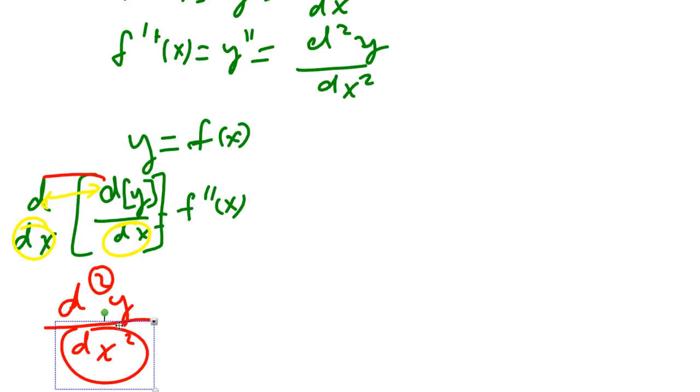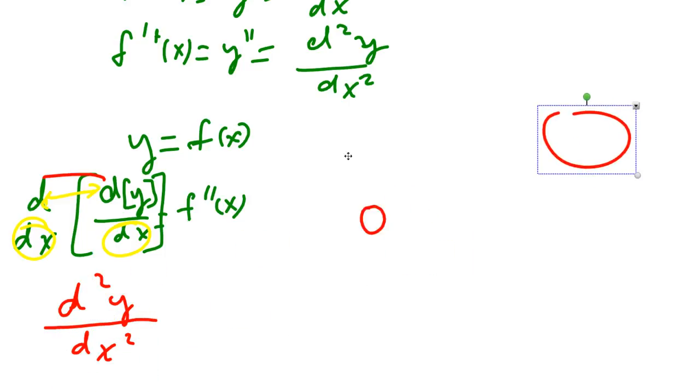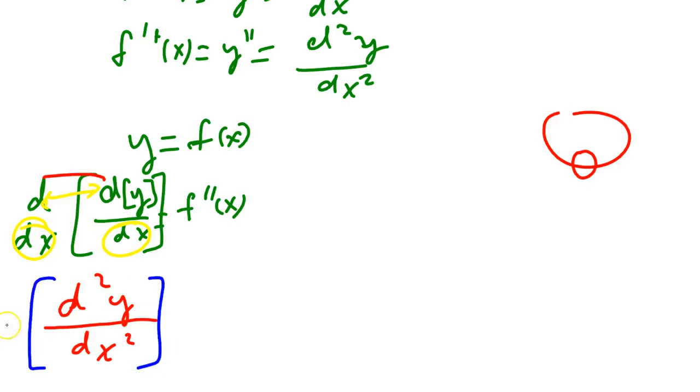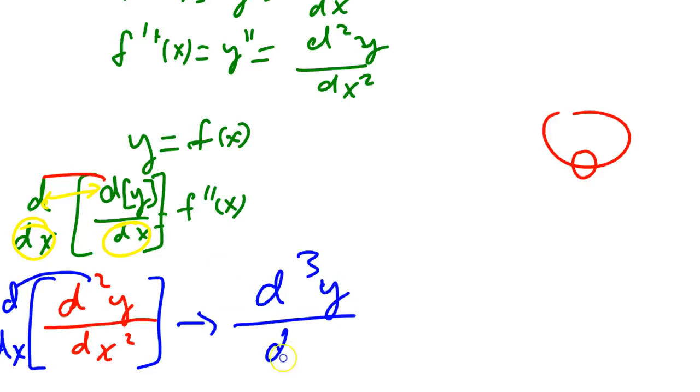Could I go further, an extension of that, and say, if I took the derivative of this, making the third derivative, if I did another one, does it make sense why that would now be three d's with respect to y and dx cubed? And so that's the notation that we use, even though again this is not multiplication.